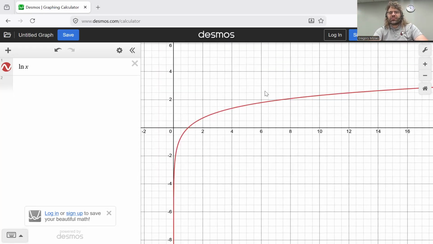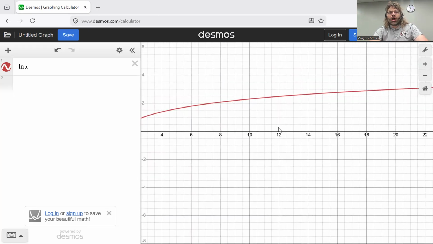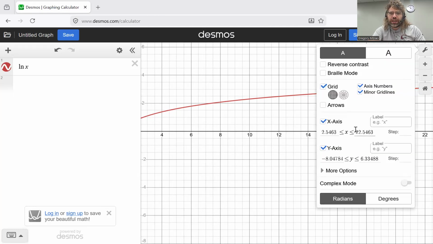In practice, we're usually looking at the logarithm out here where x is probably greater than 1. And the logarithm, because of its concavity, is extremely slow growing.